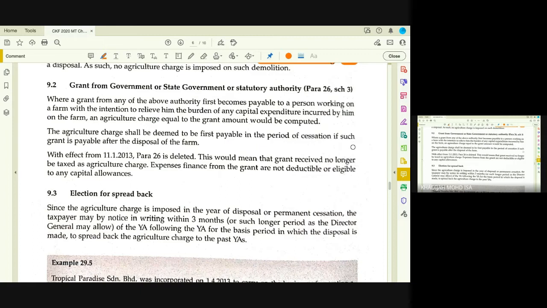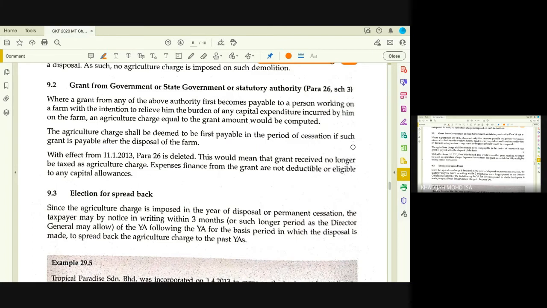It was not supposed to be there in the first place. You give subsidy, you give grant to help them with the agricultural business, and suddenly you want to tax them on the grant or subsidy that they receive. So now that it is deleted, it means that the grant received will no longer be taxed as agriculture charge. Expenses financed from the grant are not deductible or eligible for any capital allowance.